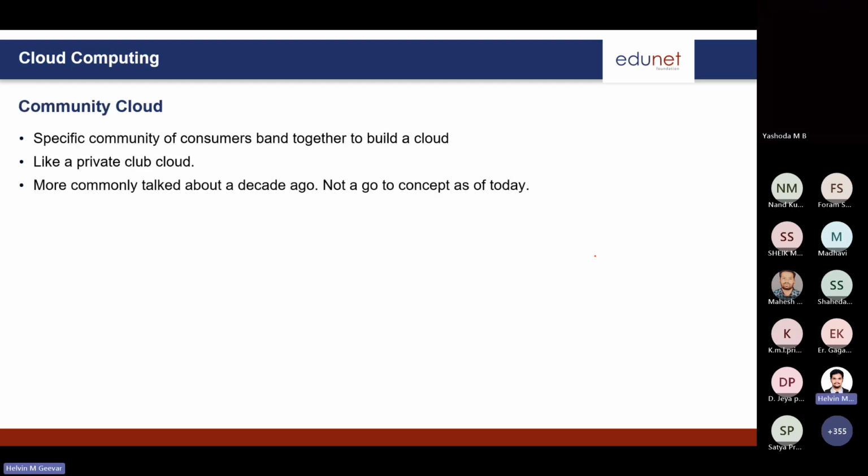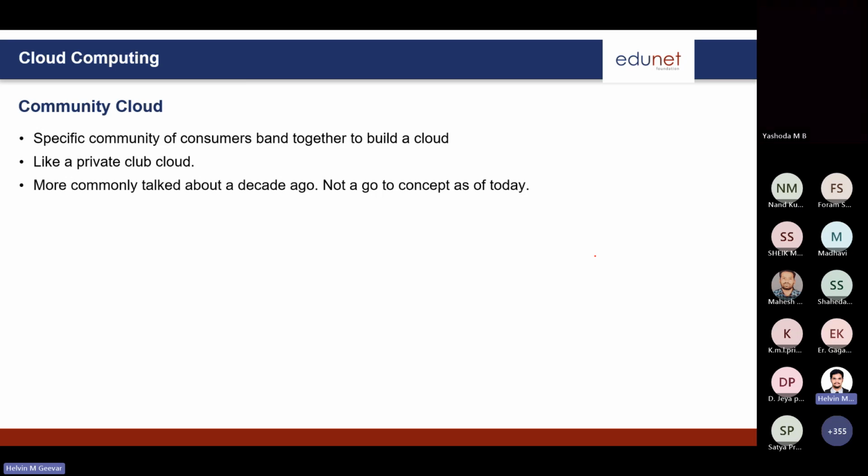The next is community cloud. This is not really used nowadays, but the idea is that similar kinds of people share a cloud based on a community. For example, there is the open source community. They can set up a cloud and make it available only to those who share that philosophy, or any community based on any bifurcation.